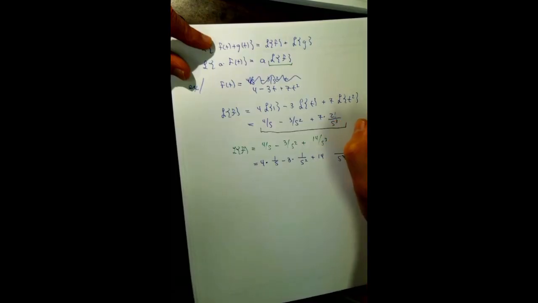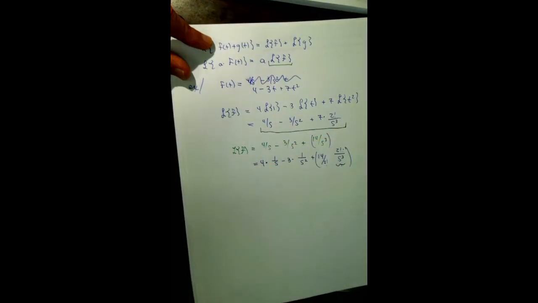And now I have an s cubed here. I know that if I have a 2 factorial there, this is going to be the Laplace transform of t squared. But I can't just multiply by 2 factorial. If I multiply by 2 factorial, I have to divide by 2 factorial. So this whole term here is equivalent to that. I wanted a 2 factorial there, so I multiplied and divided.